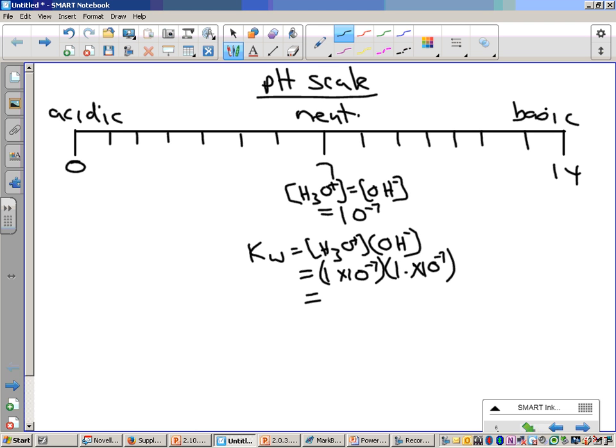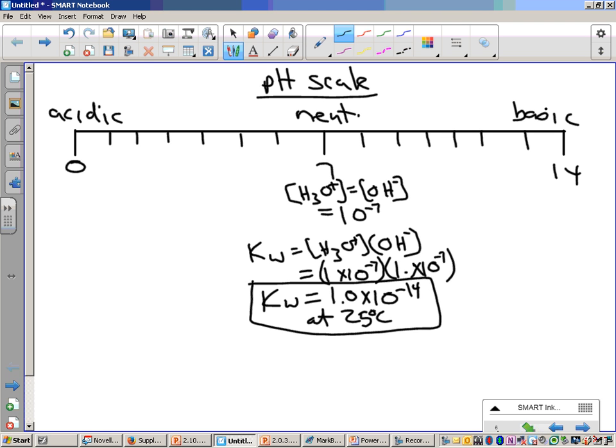And I think we can multiply that in our heads. We're adding the exponents, right? That means the Kw is 1.0 times 10 to the minus 14. And that is the Kw at 25 degrees Celsius.